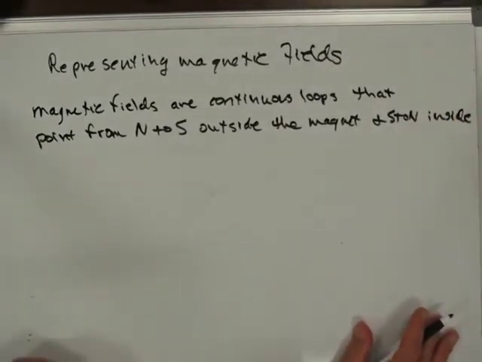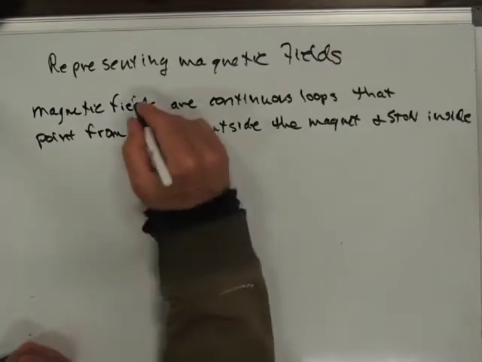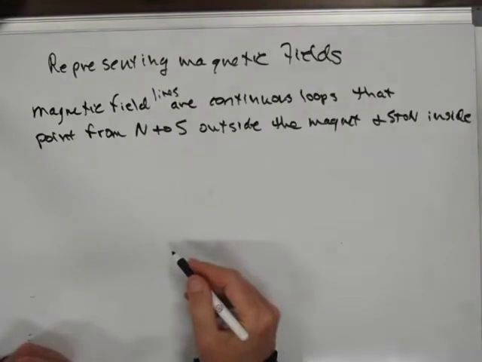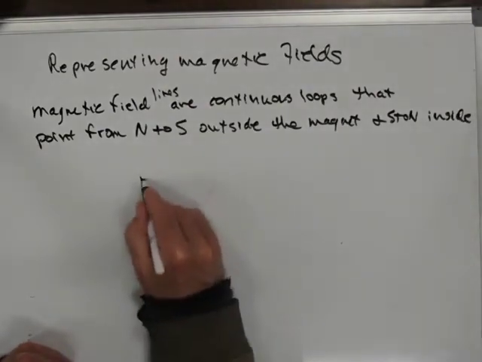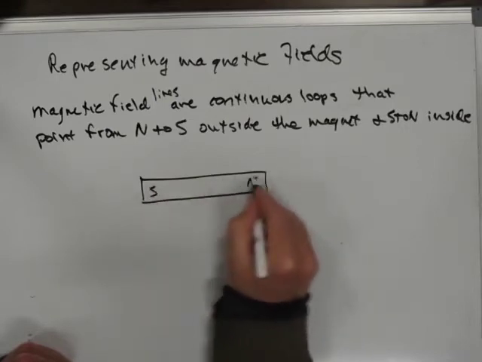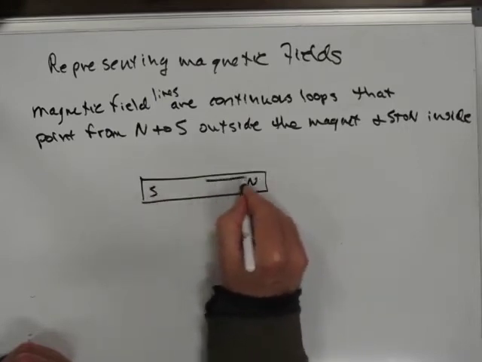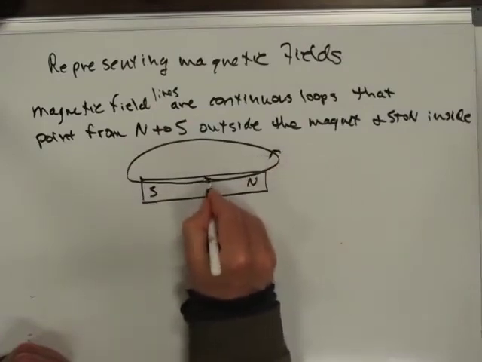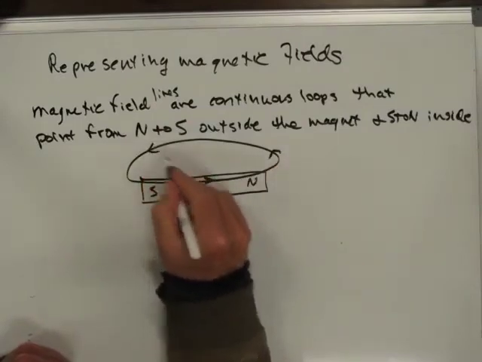So magnetic fields are continuous loops. I should say magnetic field lines are continuous loops. These are how we represent them. So if this is my north pole and this is my south pole, my field lines, I would draw them like this, where the field points this way on the outside and that way on the inside, obviously.